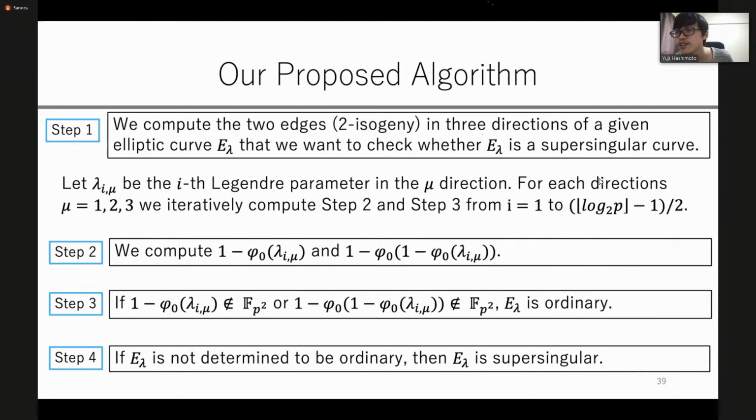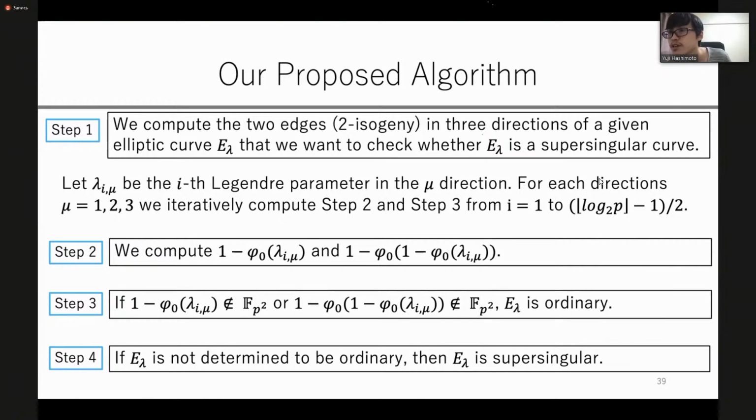Let lambda i mu be the Legendre parameter in the mu direction. For each direction, mu equals 1, 2, 3, we iteratively compute step 2 and step 3 from i equal 1 to log 2 of p minus 1 over 2.